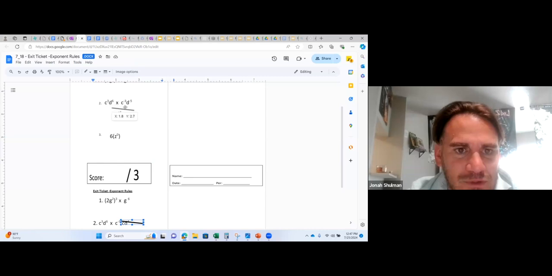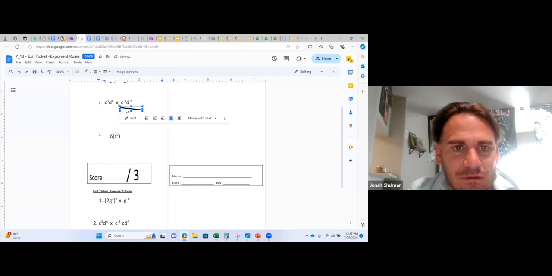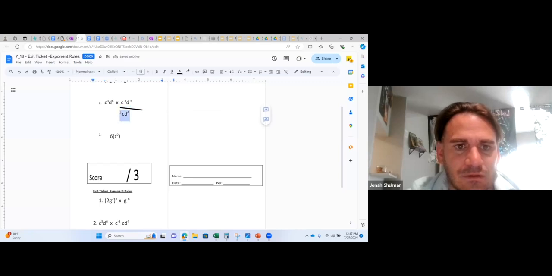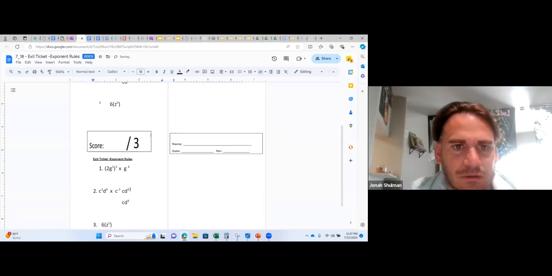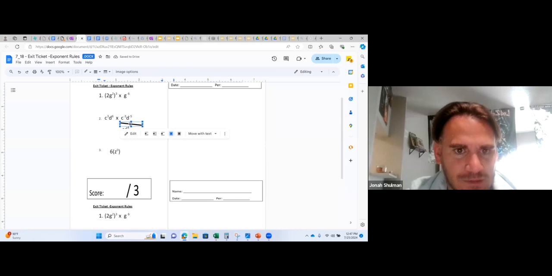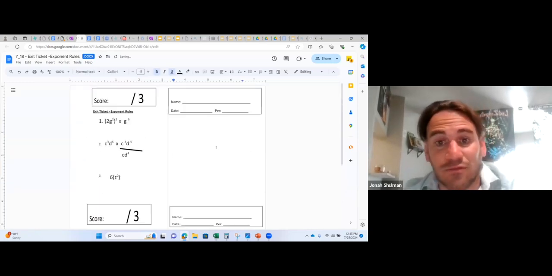All right, so this would go right here for this example because it's division. So this would be the ticket that the student would have to do. And this one's out of 3 points.